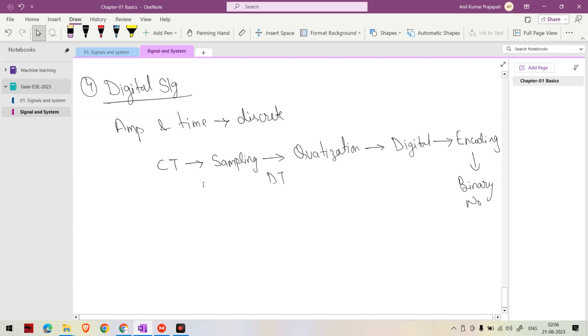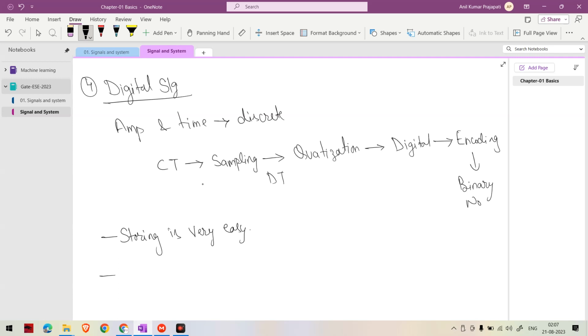We can store the digital signal, storing is very easy, and we can process the digital signal very easily compared to the analog signal, because our computers work on binary numbers, and we have converted the continuous signal into binary numbers, so processing is easy.